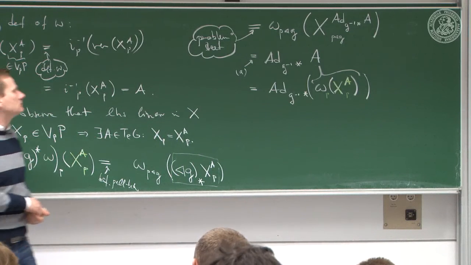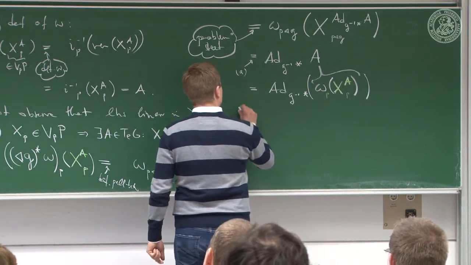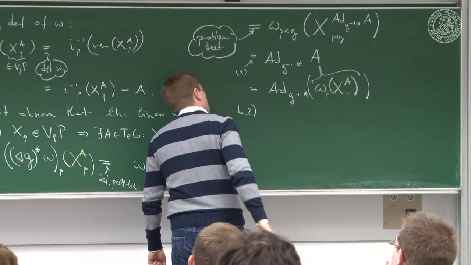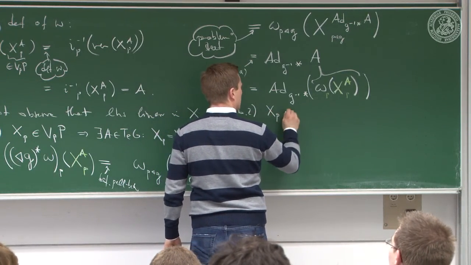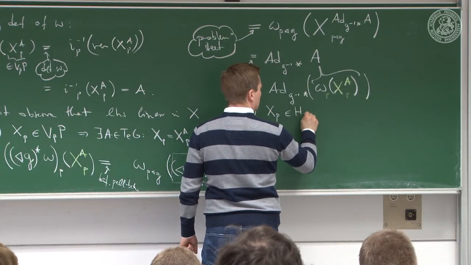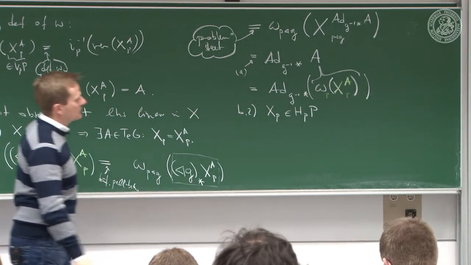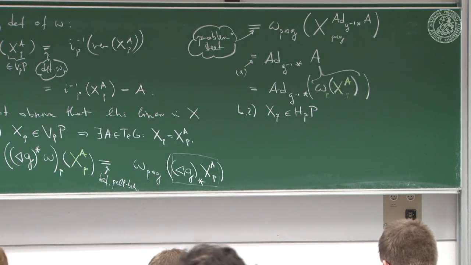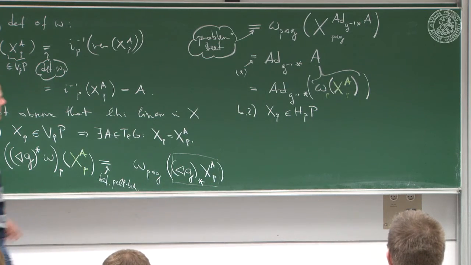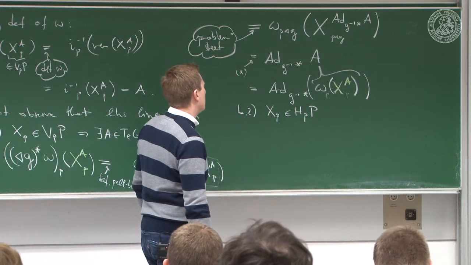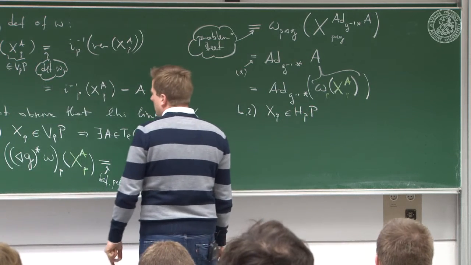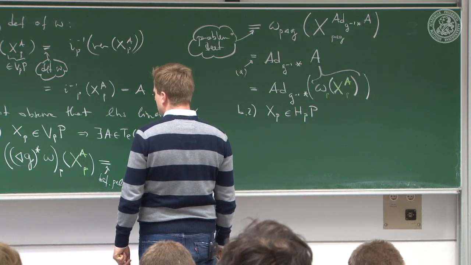Then we showed exactly what we wanted to show for the special case of X being vertical. So that's this. Then B2 would be the choice Xp is in the horizontal subspace. Well, that's the only other possibility, and by linearity, as I argued in the beginning, it suffices to show this separately. Now we look at the same thing again.